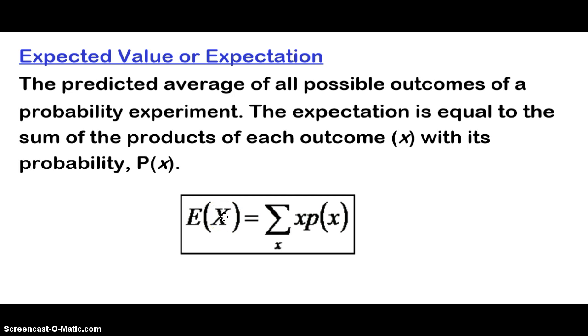It takes on various values, but it's a variable that takes on values that are random. So in our example of a die, 1 through 6. Now on the right hand side of the equation, we are going to find the sum of each outcome, x, multiplied by its probability, and we're going to add those all up. So we're going to see how to calculate the expected value of each of those two experiments we just did.